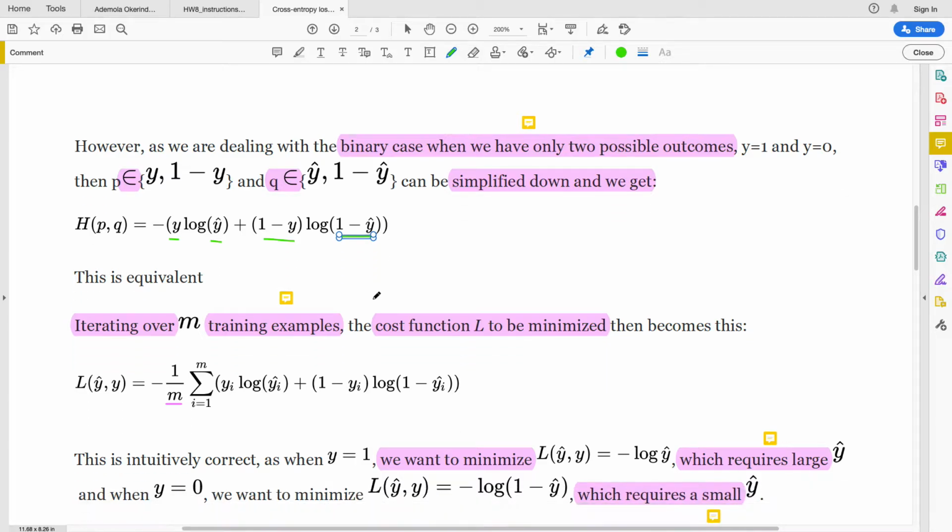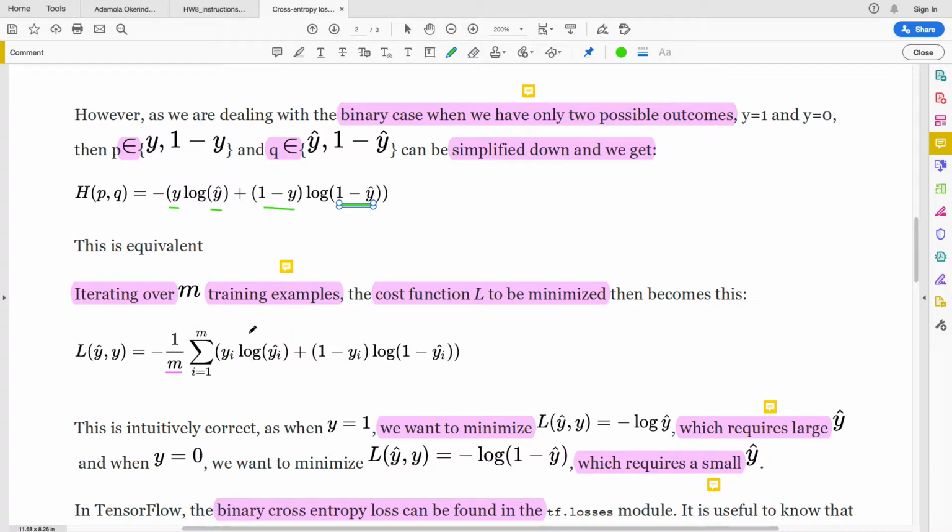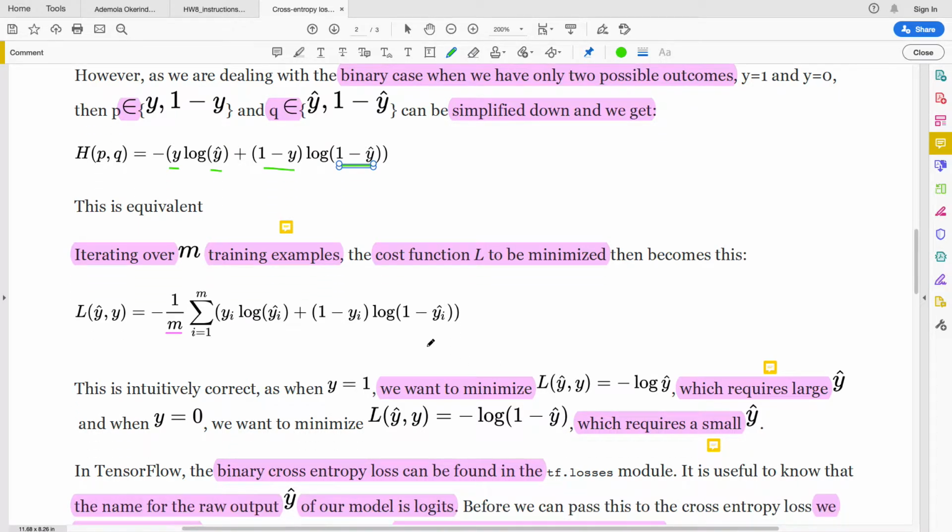Now when you have a number of training examples, say n, you sum over the whole loss across the training examples and normalize by n. Usually when you are training a network, you don't just use one example.